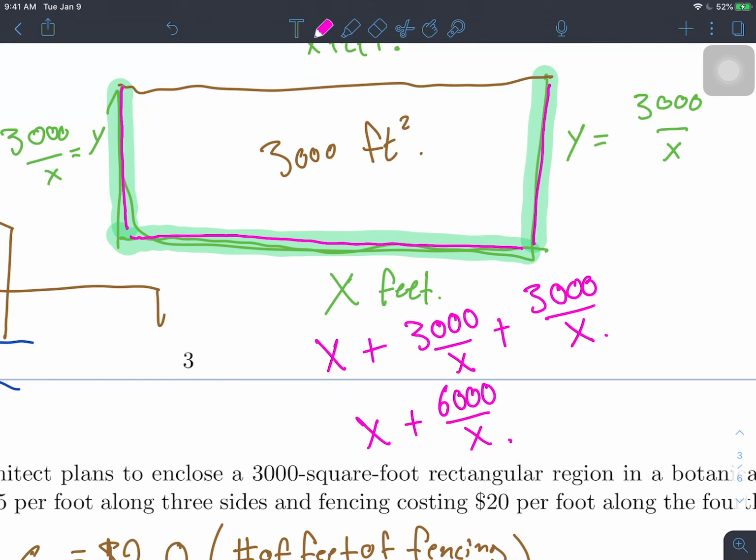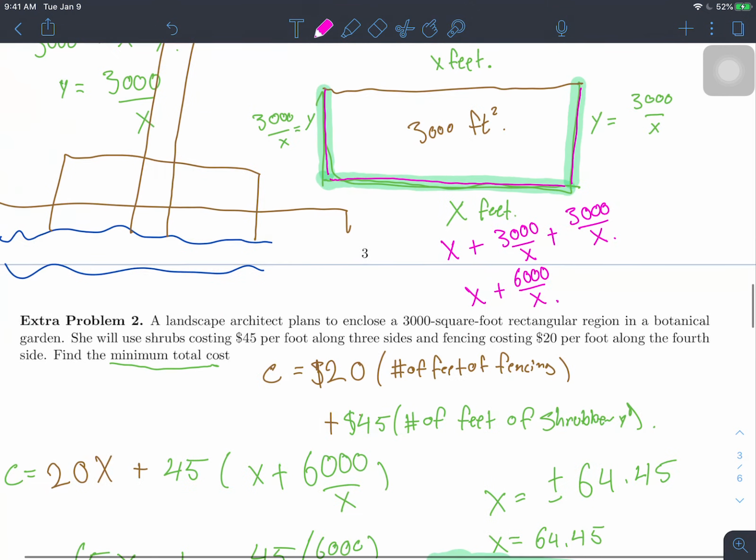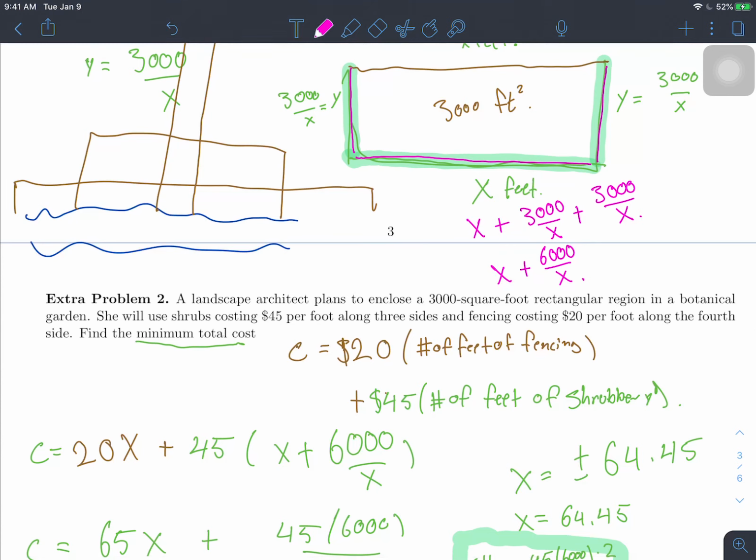Makes sense. Yeah, no, good question. Doing these fencing problems the first time, it's really difficult to decide what the dimensions should be, and this game of getting an equation for c, I mean, once we're here, we know exactly what to do. We just take the derivative and find when it's 0, right? But the bulk of the problem was really in figuring out, how do I express the number of feet of fencing when I haven't decided yet what the number of feet of any of the sides are going to be?